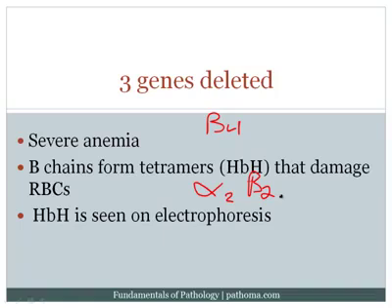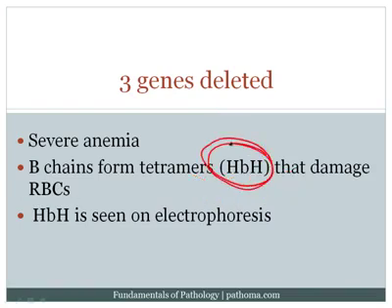However, if the patient doesn't have alpha, then the betas will join with another beta 2, so beta 2 will join with beta 2, and that would result in a tetramer of beta. And the problem with that tetramer of beta is that it damages the red blood cells. Now, a tetramer of beta is called hemoglobin H.